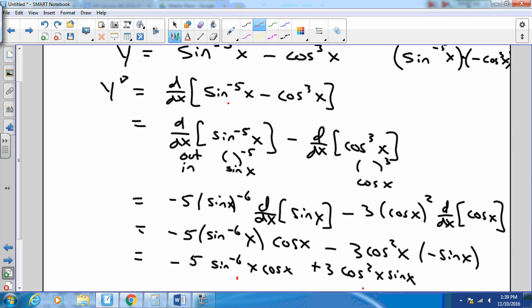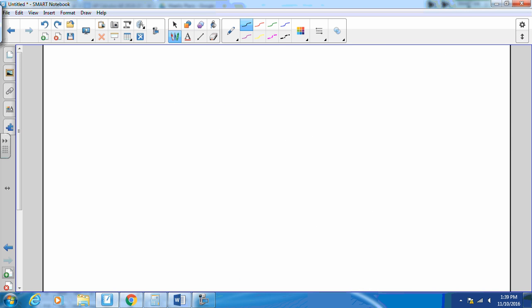I think for 17 we have to do... yeah, let's do 17. y equals sine cubed x tan 4x.